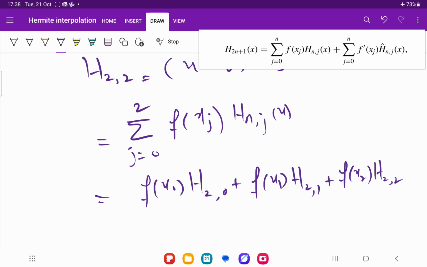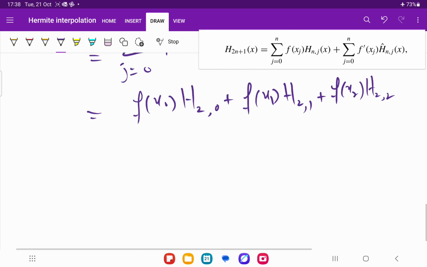Now I'm considering the second part of the formula. It should also be easy.